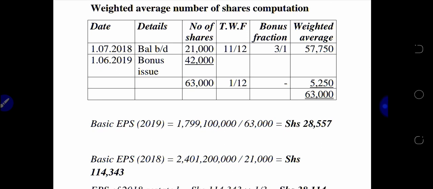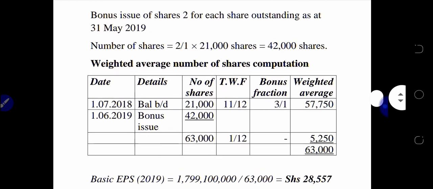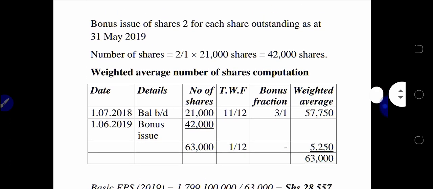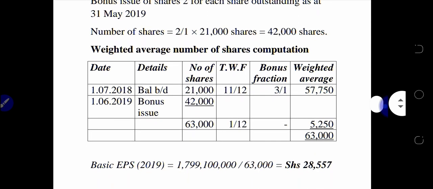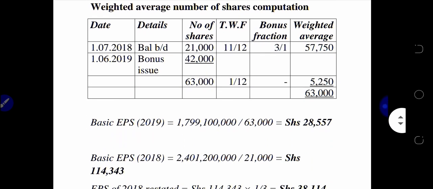Then on 1st June 2019, there was a bonus issue, as we can see, and up here we have seen that the bonus issue of shares resulted into 42,000 shares. So our bonus issue, we have 42,000 shares. When you add the 42 to the originally 21, you come to 63,000 shares. Now 63,000 shares, those are outstanding for a period of 1 month to the reporting date.